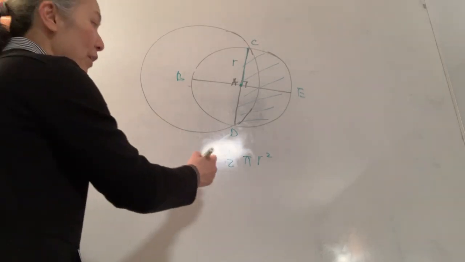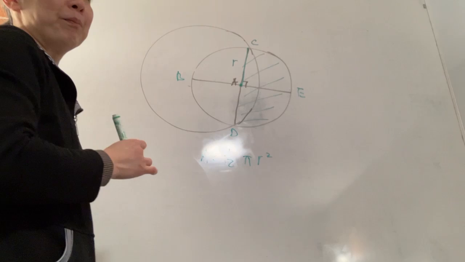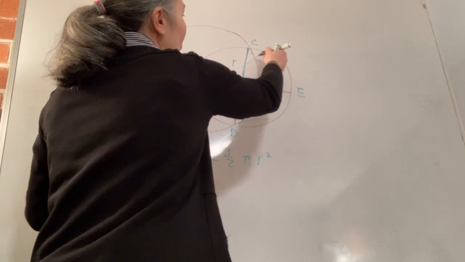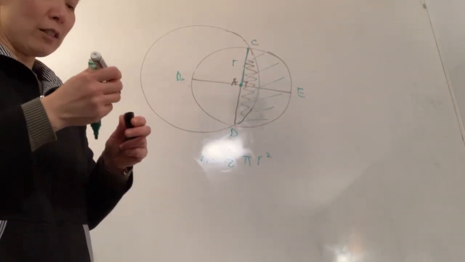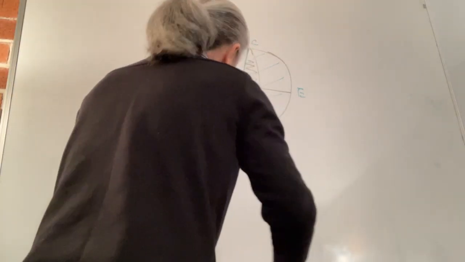That is going to give you this area in here. The shaded area is going to be this part in here, so you need to minus off these sections. If I minus off those sections, I get the shaded area, right? So let's concentrate on those sections.